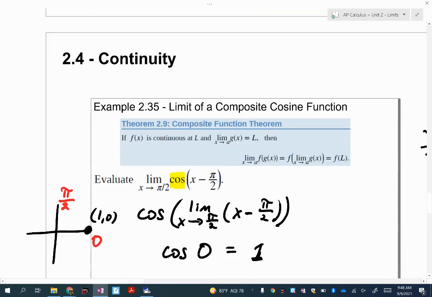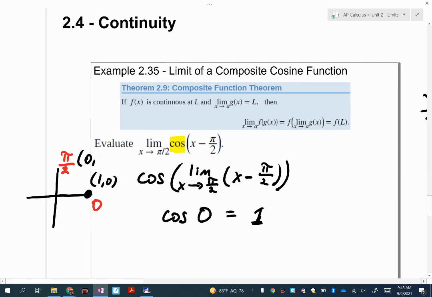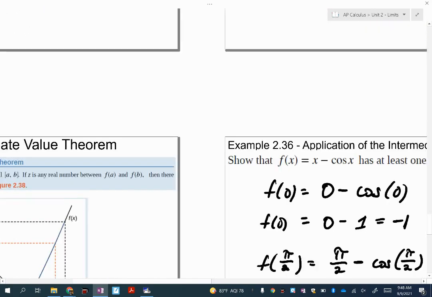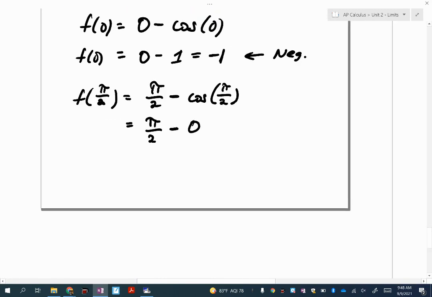If we go back to our quadrantal, right, the ordered pair for this pi over 2 up here is (0, 1), right? That point is (0, 1). Cosine is always the value that's in the x-coordinate, so it's 0. So the cosine of pi over 2 is 0. So if you subtract that, you get pi over 2. Now, you may not know what pi over 2 is. You can write it as a decimal, the approximation, whatever you wanted.